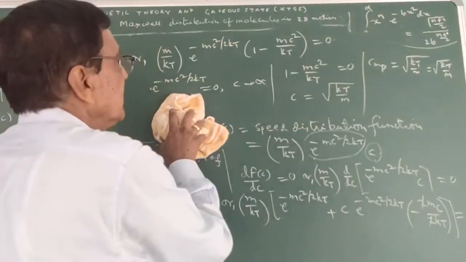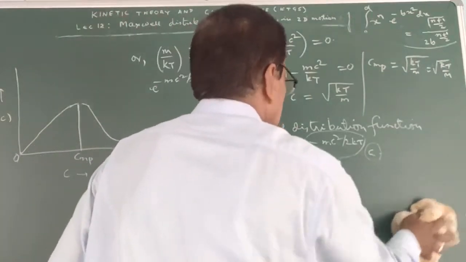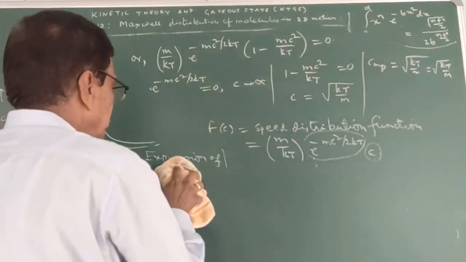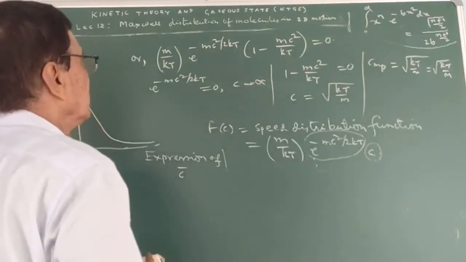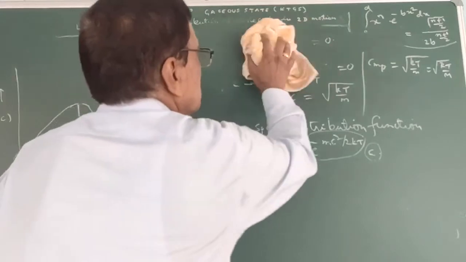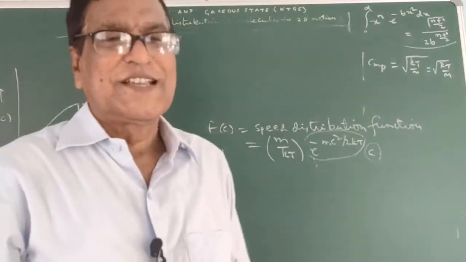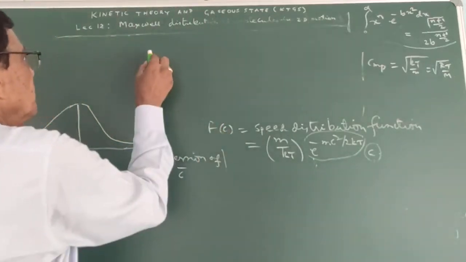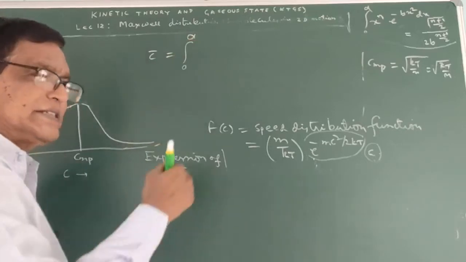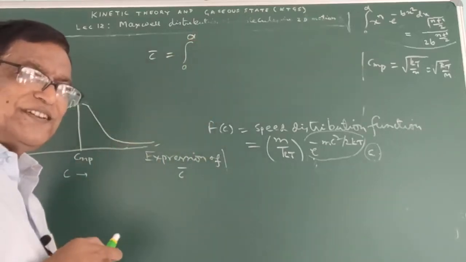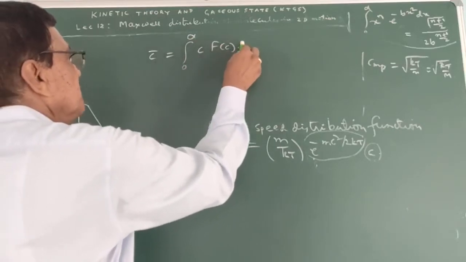And similarly, if we find the expression of C bar, the average speed of the molecules in planar motion, then according to the formulation, C bar equals the integral from 0 to infinity, C having the range 0 to infinity, of C Fc dC.